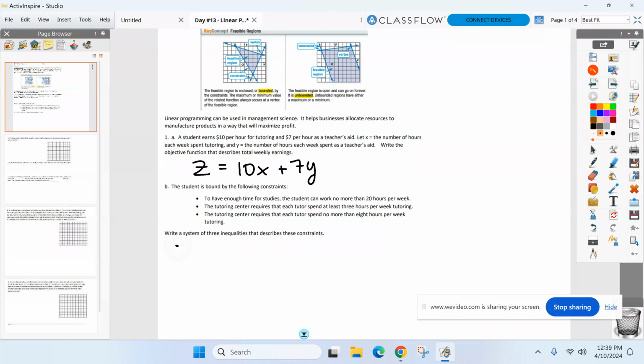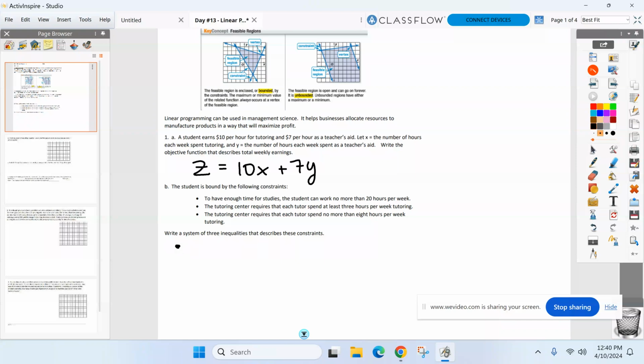Help me make an inequality for that one. No more than 20 hours per week working. Would you just put an inequality? This is going to be an inequality with what? 20 and then 10x plus 7. Whoa, don't include the money, right? X and Y are the number of hours.